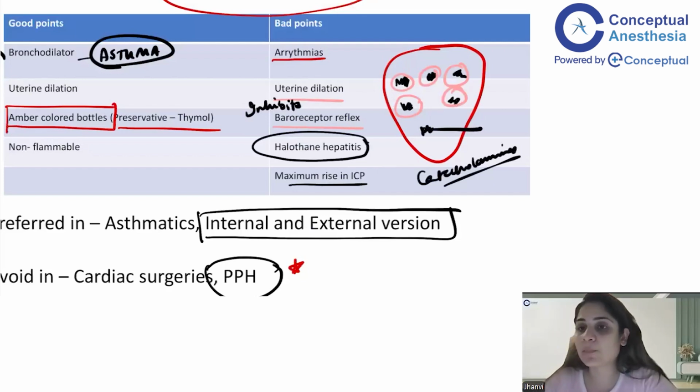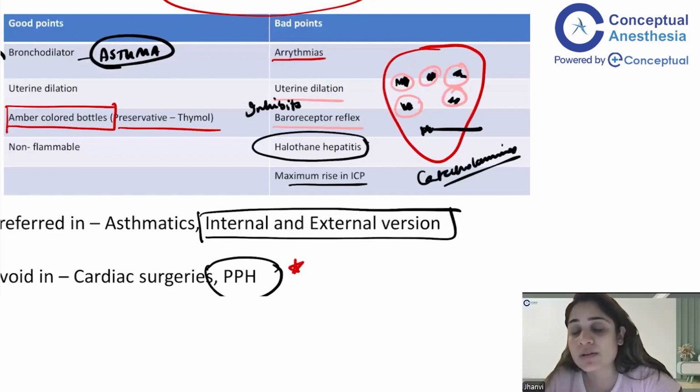This is a very important question that comes in the exam, so you should be able to write about halothane hepatitis. Halothane hepatitis is when there is continuous exposure of a particular class of patients, like young obese females who are constantly exposed to halothane.